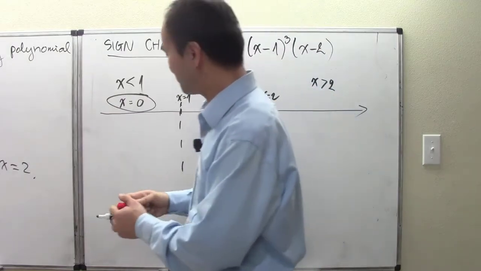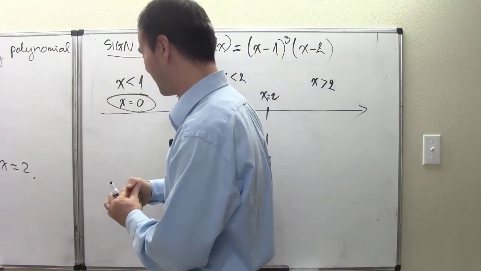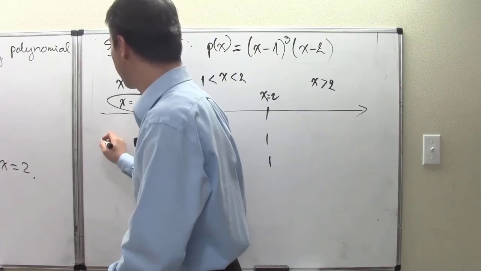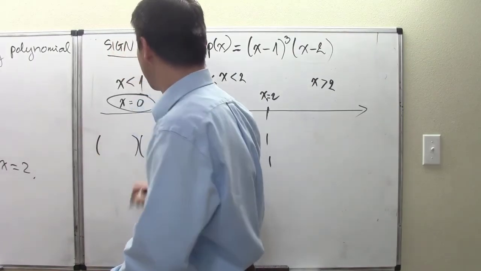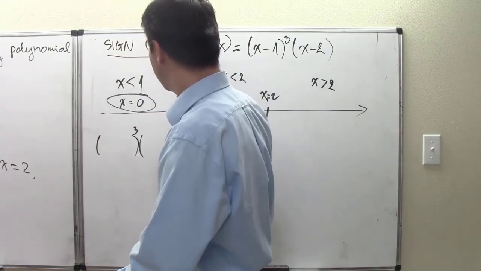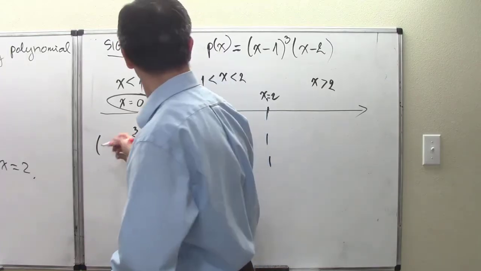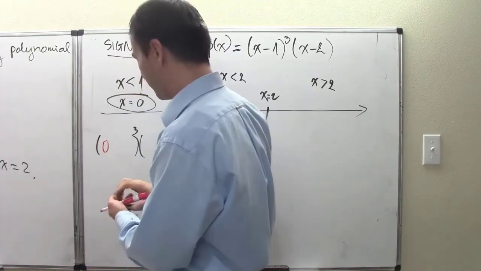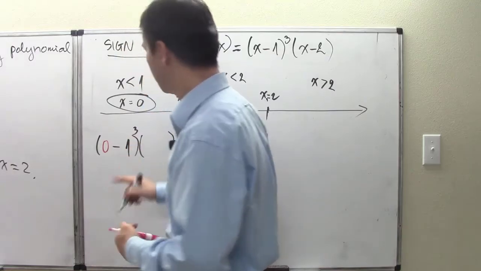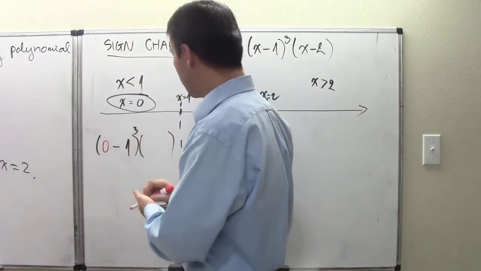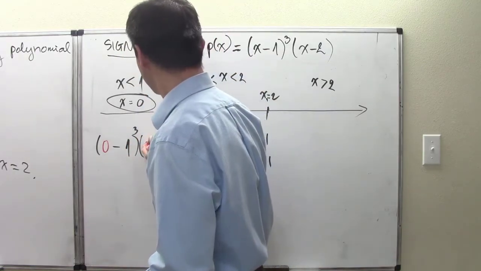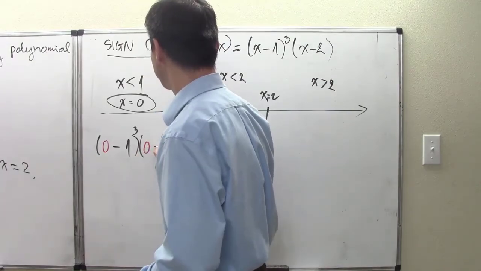Now I'm going to have to switch between black pen and red pen. This is a cube, and this is just power 1, but I'm looking at 0 minus 1, raised to the third power, and then in product with 0 minus 2.